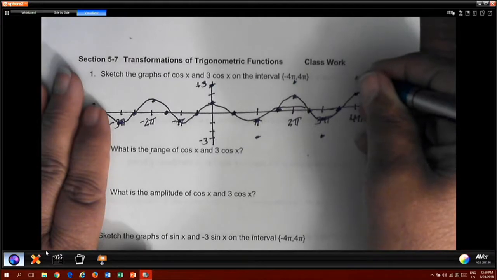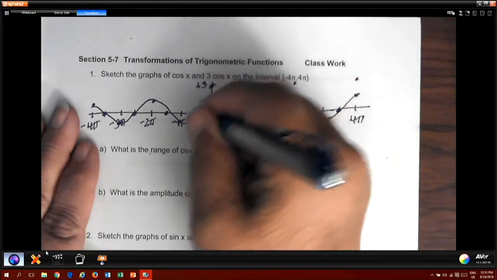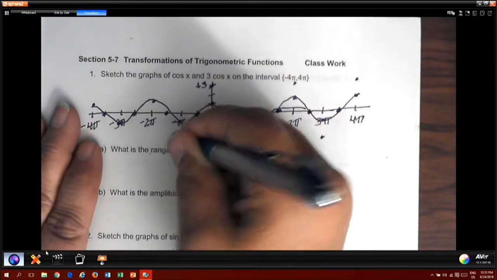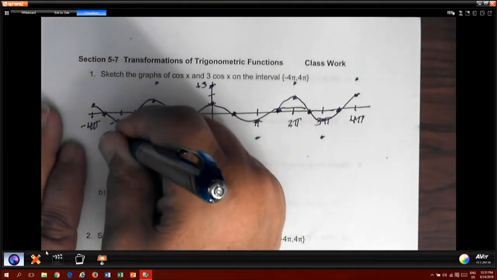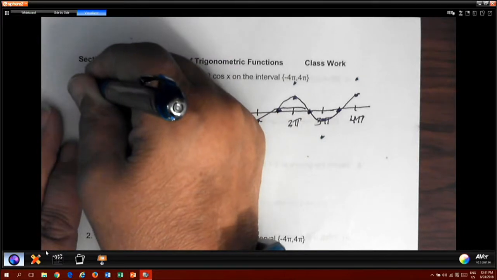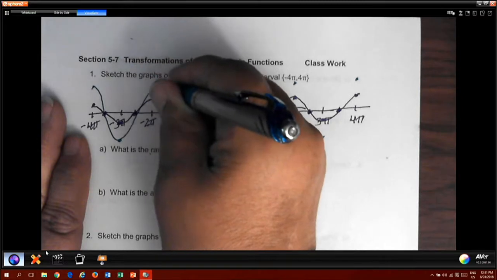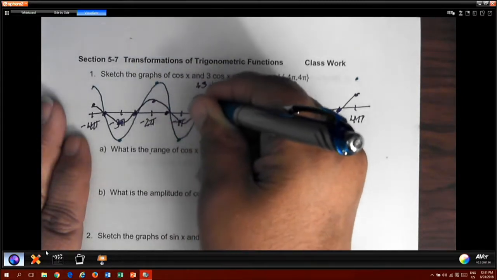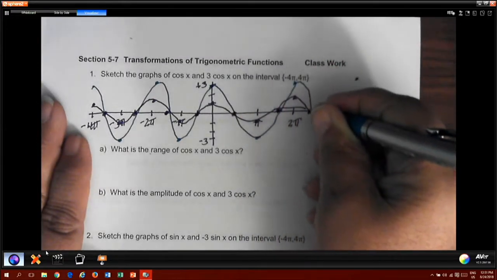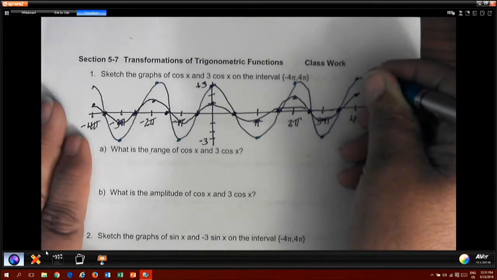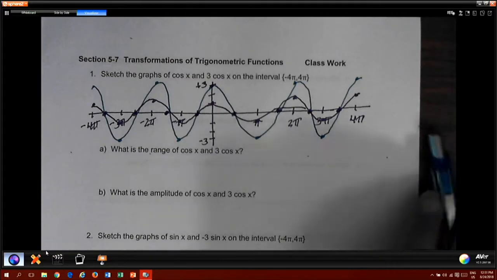The amplitude is the positive distance from the x-axis to the highest point. So that's what happens when we multiply by 3. The graph would look like that.